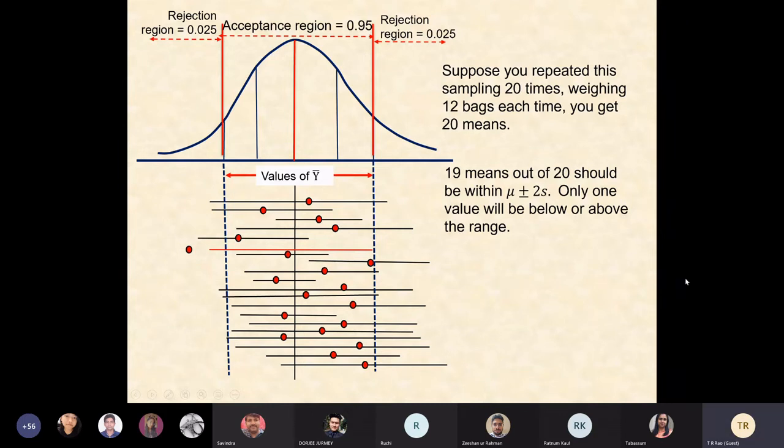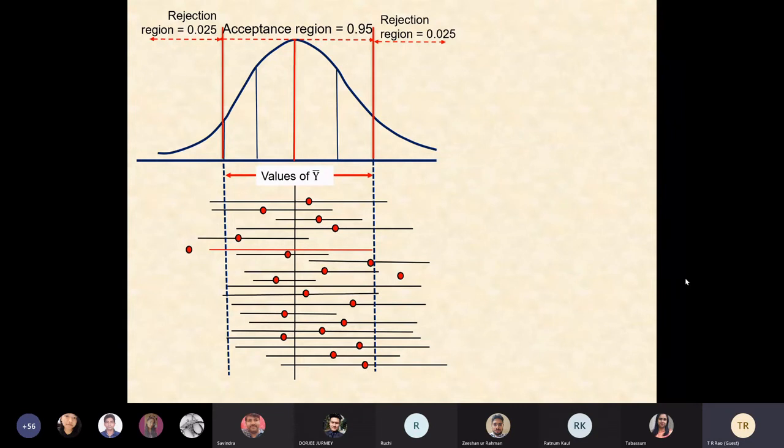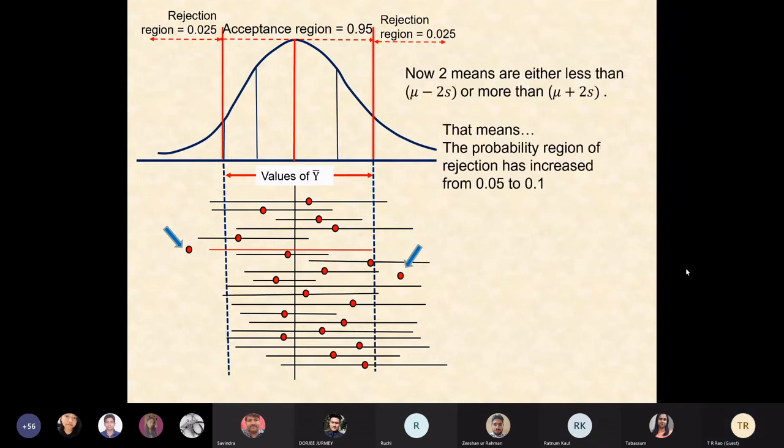Now suppose... see now what happened. We have 2. So now the probability of the region of rejection has increased from 0.05 to 0.1, because it is 2 out of 20, right?